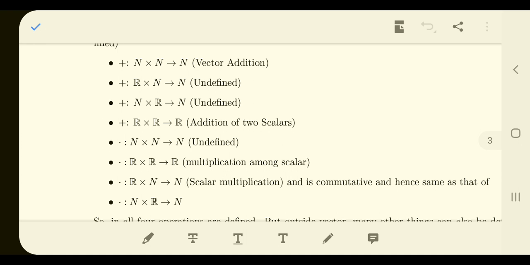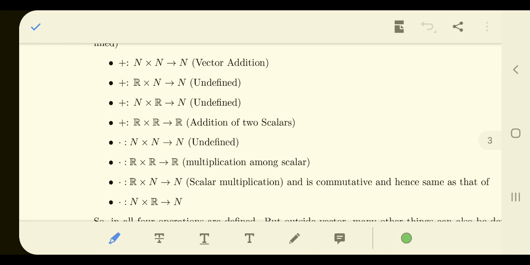One is vector addition, which is commutative; it accepts two vectors and results in another vector. We do not have anything that adds a scalar with a vector or a vector with a scalar; that is not defined. Another is addition among two scalars. Yes, it is defined, so we are using that. Another one is multiplication of two vectors.